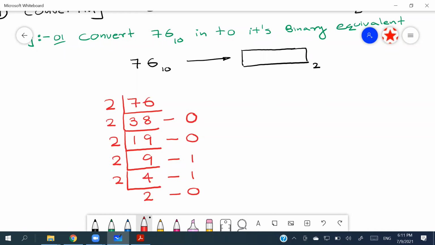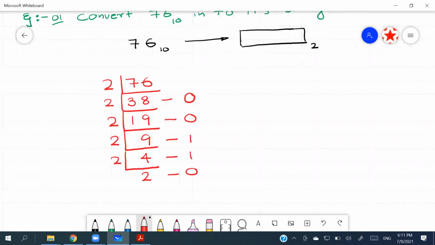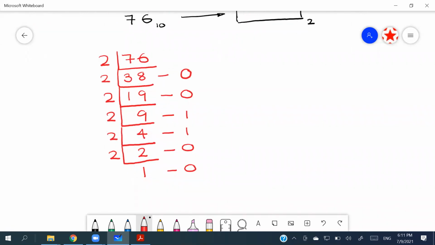Still, the answer 2 is not less than 2. It is equal. So that means I have to do the division again. So I'm receiving 1 and 0 is remaining. Now, people, I can stop the dividing process.